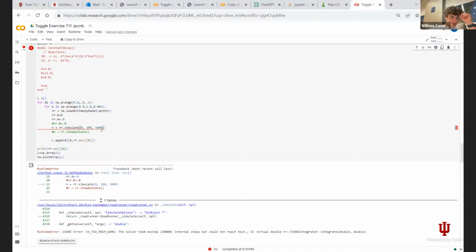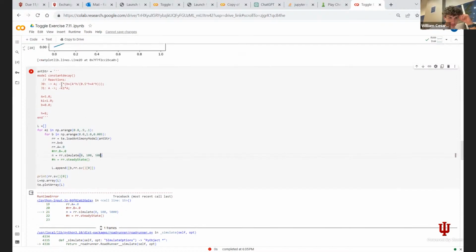I don't think it's going to work because of the negatives. What if we just put one negative sign?